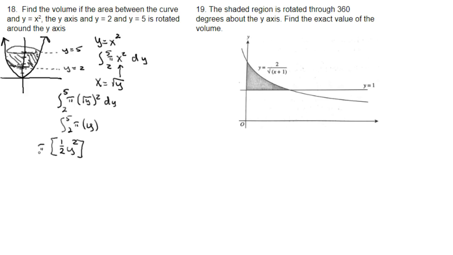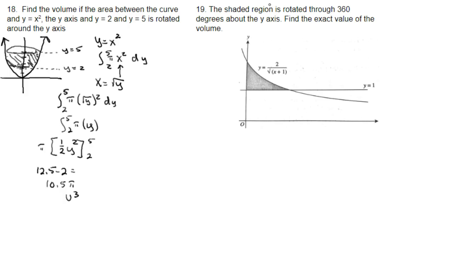And all I got to do is raise the power by 1 and multiply by the reciprocal. And then my boundaries are 5 and 2. So if I put those in there, substitute them in, I'm going to find out that I get 12.5 minus 2, or 10.5 pi.